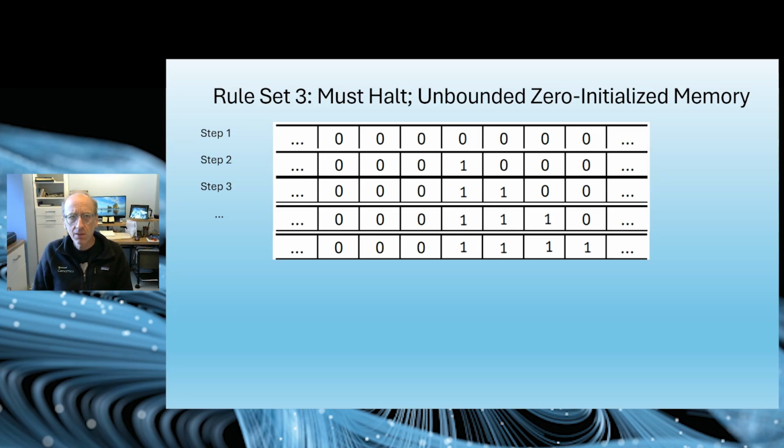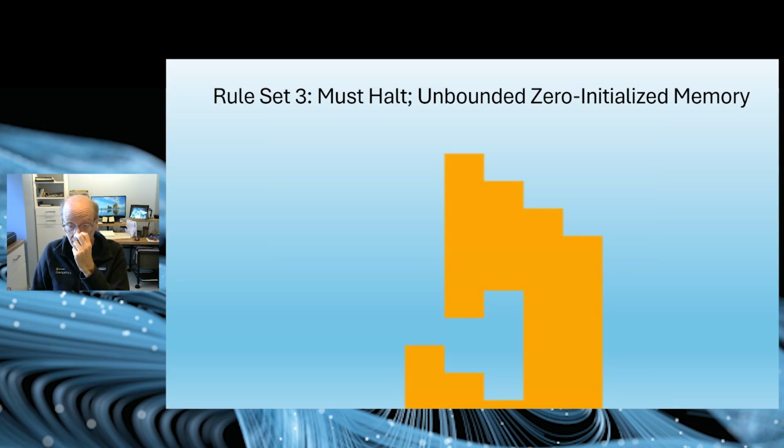This isn't something that we necessarily can store in memory, but at least abstractly, we can think about each generation, each step of the tape. And if we want that picture to be a little prettier, we can turn all the 1s into some color, here orange, and we can turn the 0s into some background color, and that gives us a nice visualization of what the Turing machine is doing step by step by step.